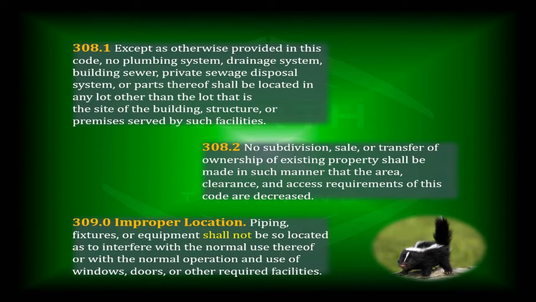Again, if you've got fixtures and plumbing pipes and such going through openable windows and doors, you might have some bad mojo coming your way. And so even in temporary job sites, temporary facilities for remodeling, renovation, testing, stuff like that, you still are not allowed to have fixtures and pipes run through openable doors and windows.